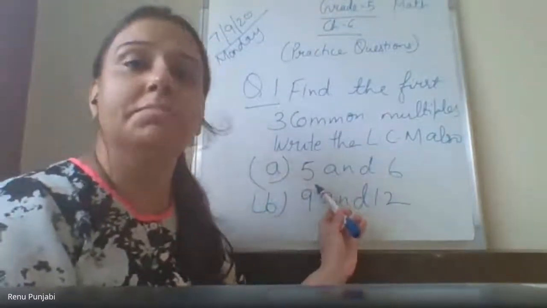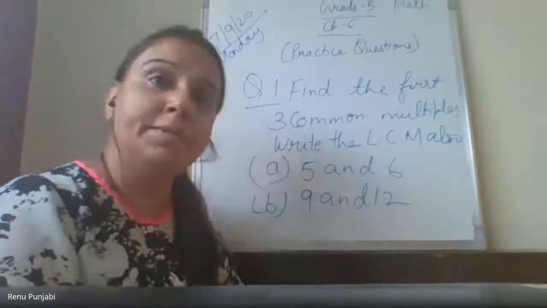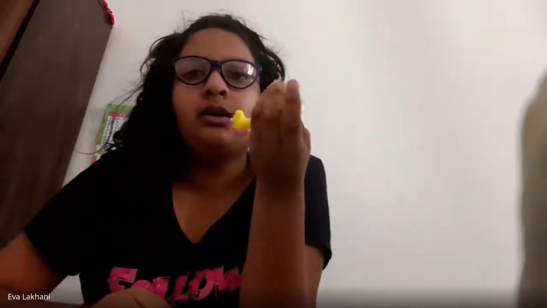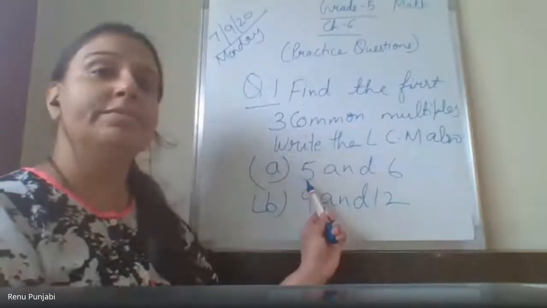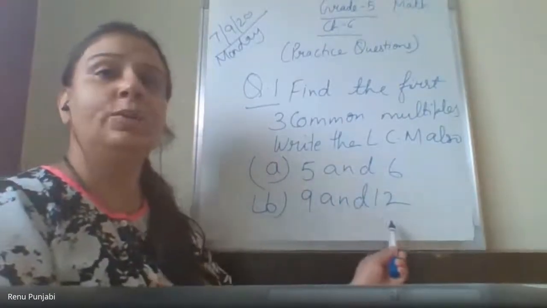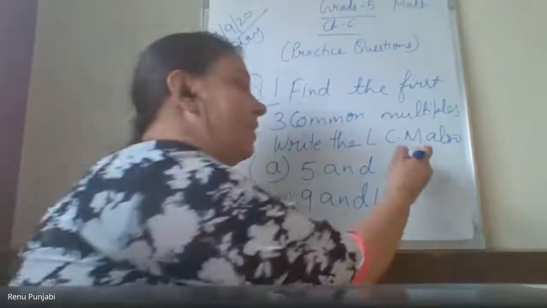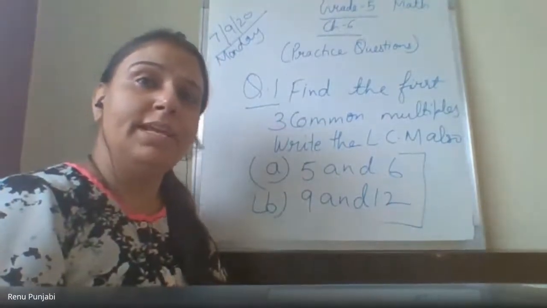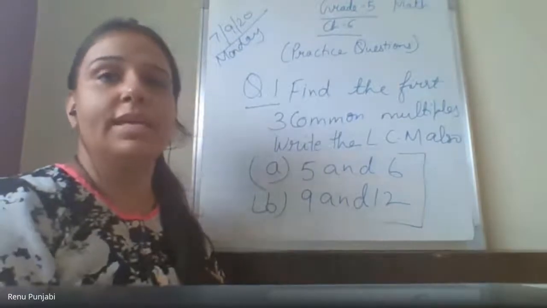First, you have to find the multiples, then you have to find the common multiples, then you have to find the LCM. Numbers are written here: 5 and 6 and 9 and 12. Two sums I have given, Eva. Am I clear now? Yes.